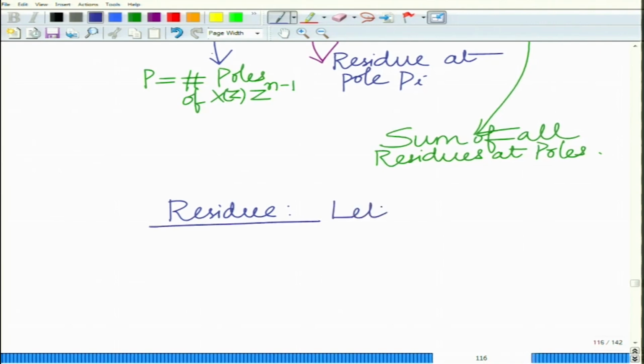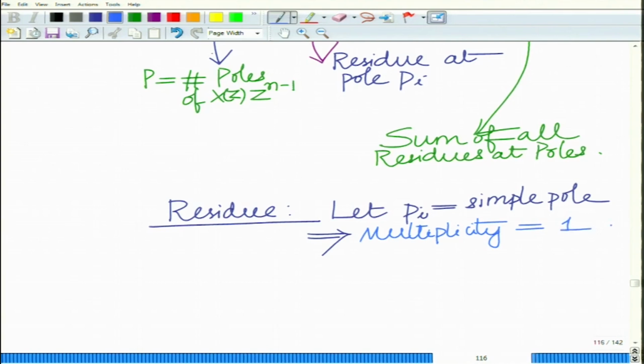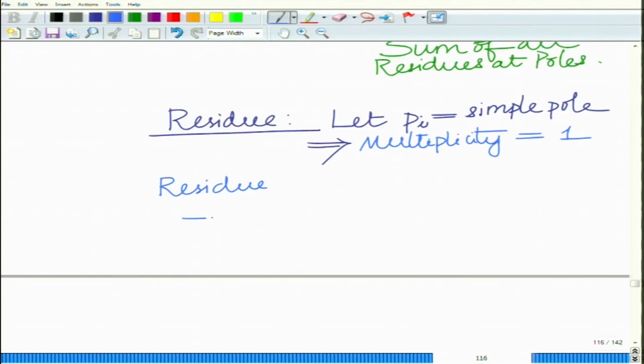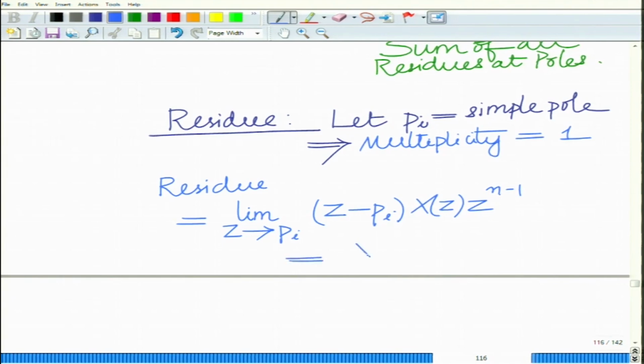Now, if p_i is a simple pole, that is, it is a pole of multiplicity 1, that is, you only have a factor of z minus p_i, the residue of this simple pole is the limit as z tends to p_i of (z minus p_i) X(z) z^(n-1), or in most cases it can be simply evaluated as (z minus p_i) times X(z) times z^(n-1), evaluated at z equal to p_i.